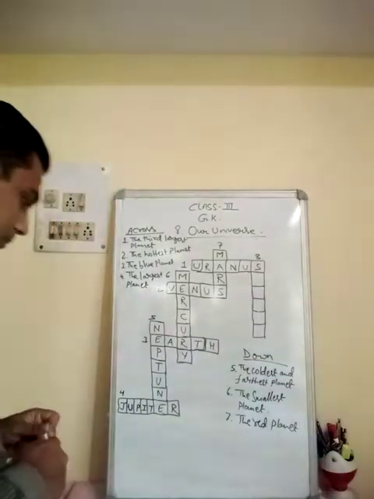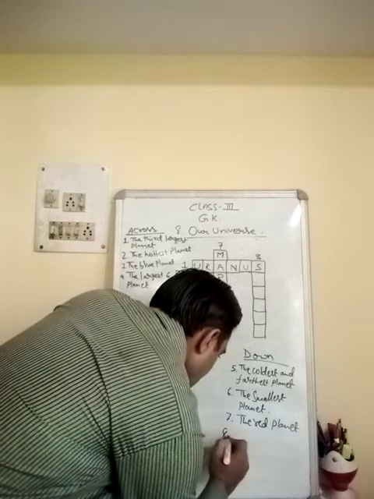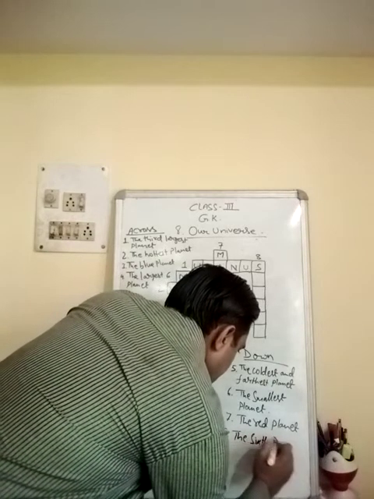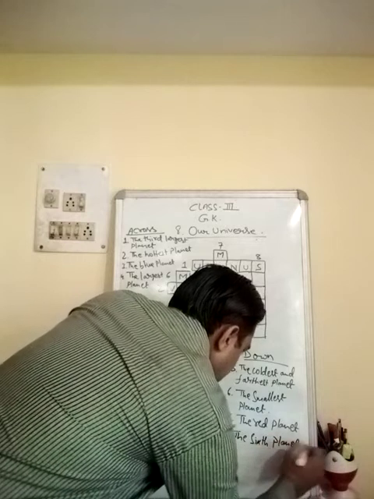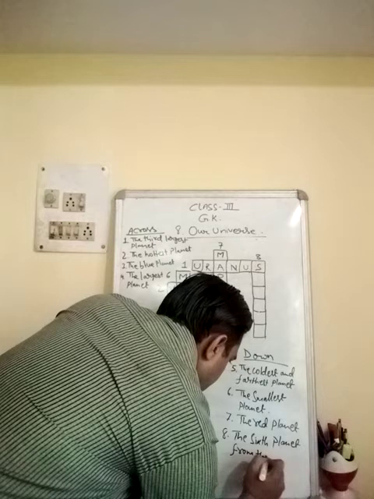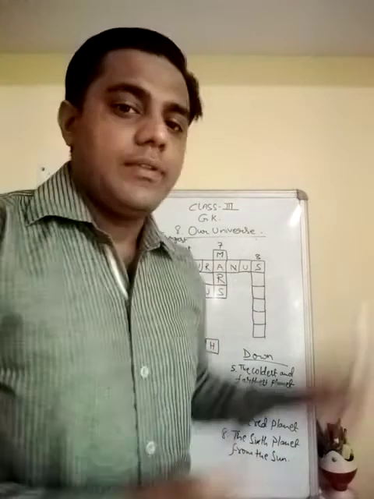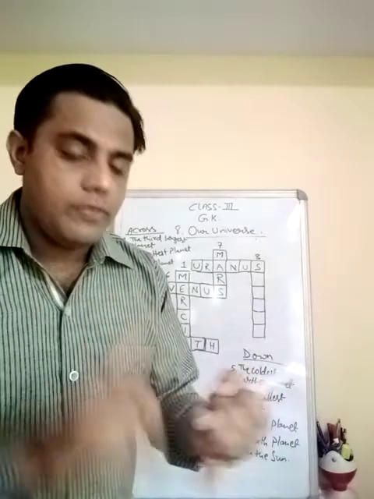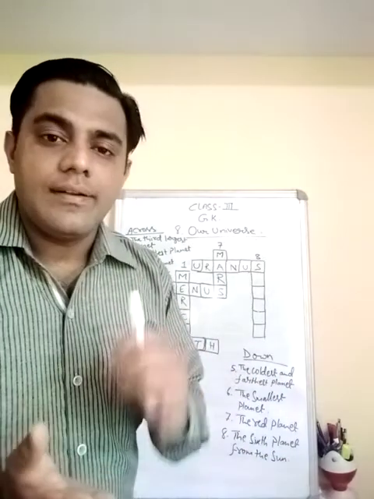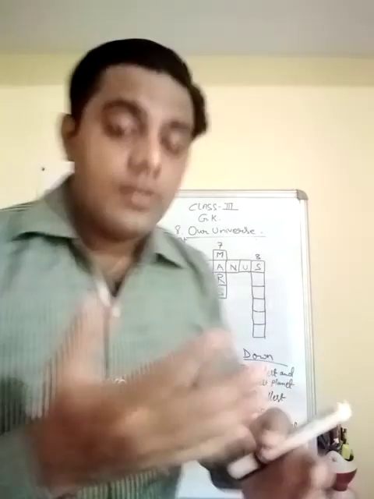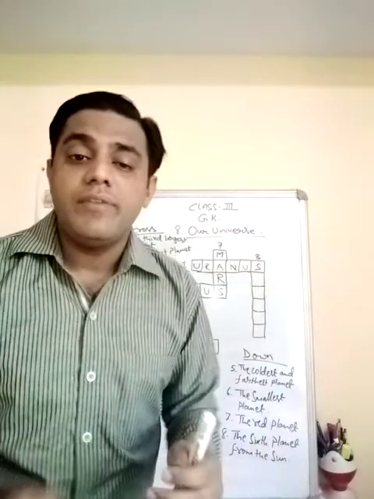And the last one, number 8, the 6th planet from the sun. So children, when I was making the list in the beginning, when I introduced this chapter, I talked about Mercury, Venus, Earth, Mars, Jupiter, Saturn, Uranus, Neptune. Right? So you see, these planets are not named randomly.